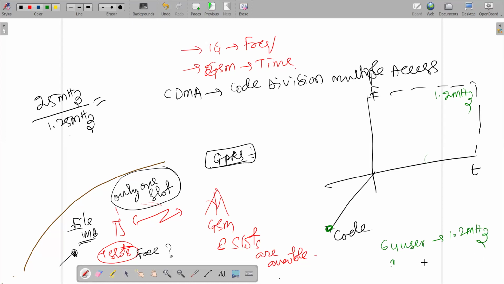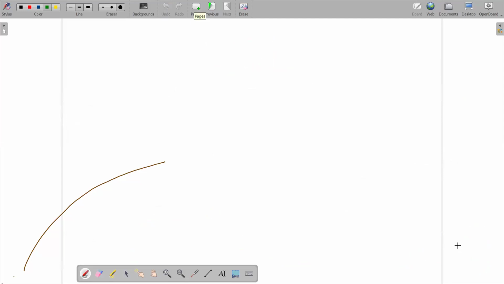If only one user is there, yes, 1.25 megahertz can be assigned to a single user. So effective utilization of bandwidth compared to 1G and 2G.